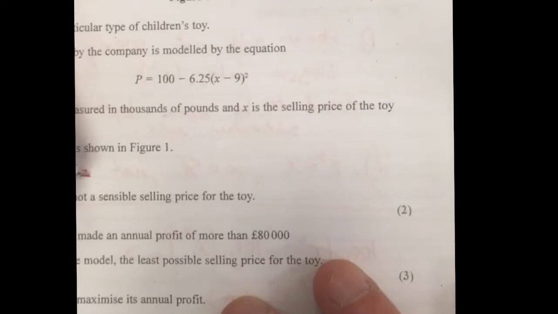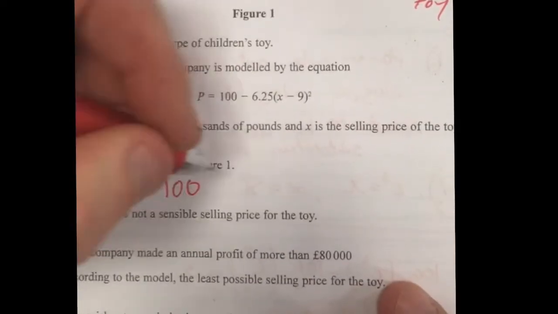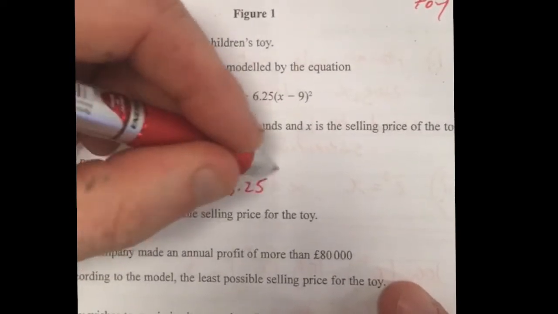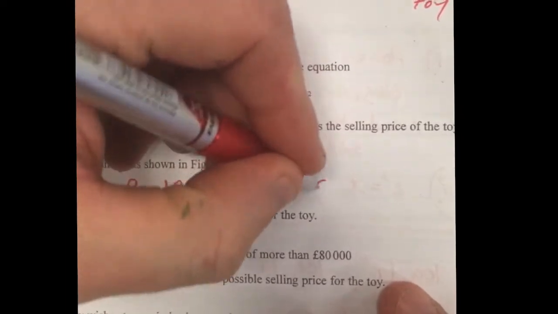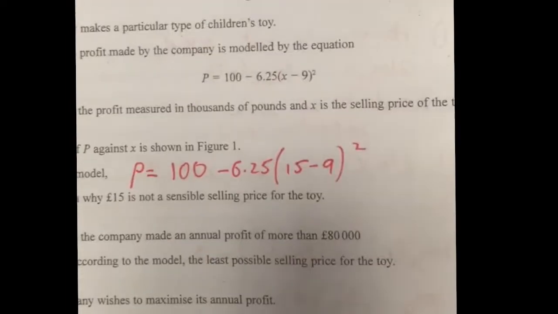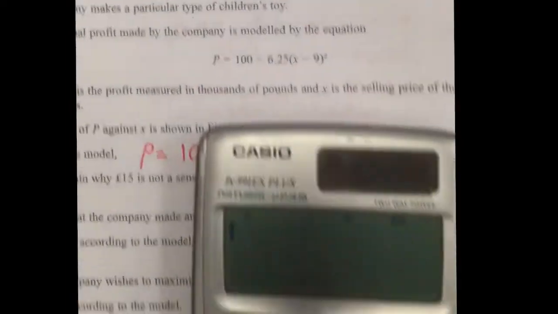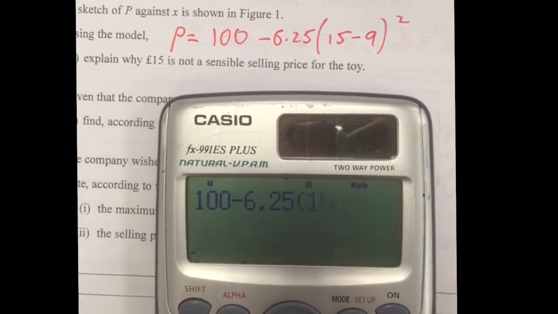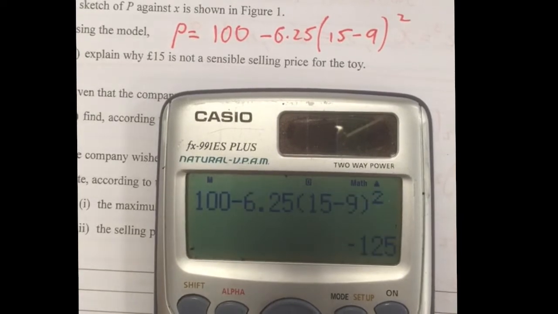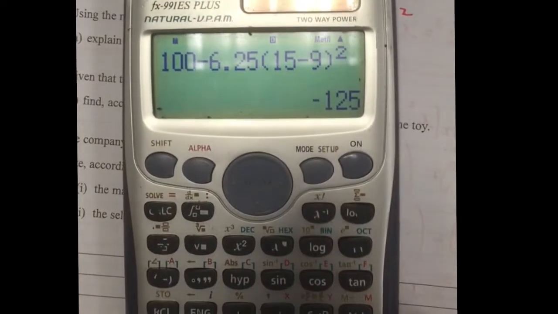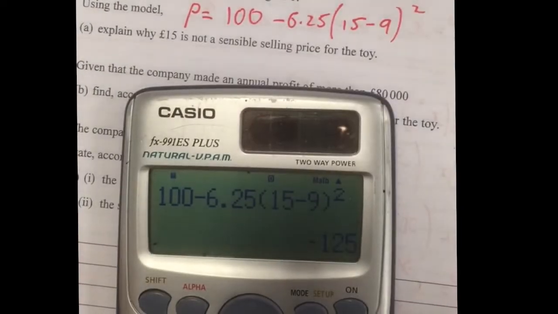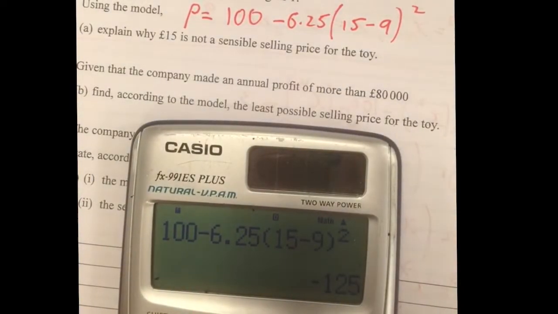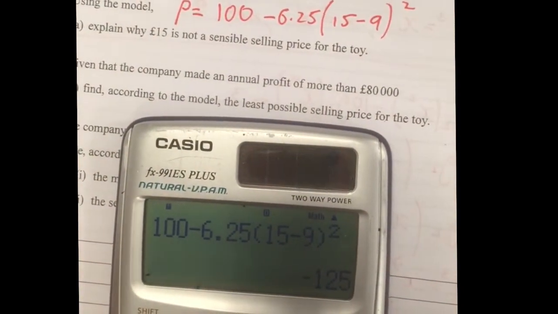So P equals 100 minus 6.25 times 15 minus 9 squared. So let's work that out. Well, we get minus 125. So our profit for the year, if we sell our toys at £15, we lose £125,000 per year.